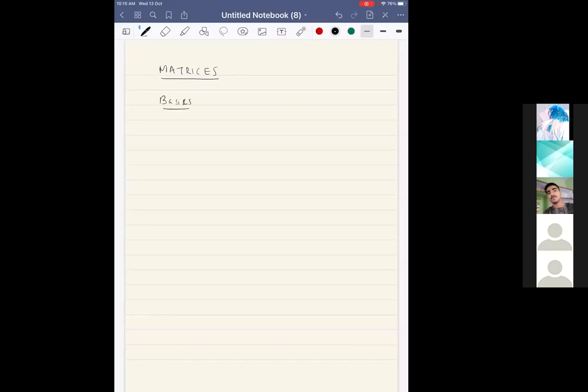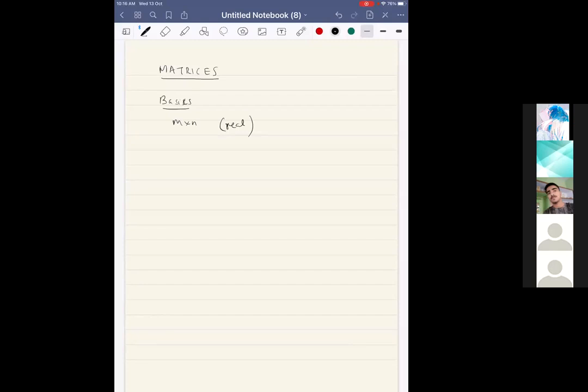So what is an m cross n real matrix? As we have done so far, we have specialized to real numbers, but whatever I say will hold with much greater generality, certainly when you consider any field.